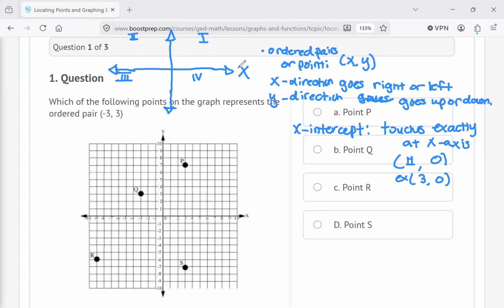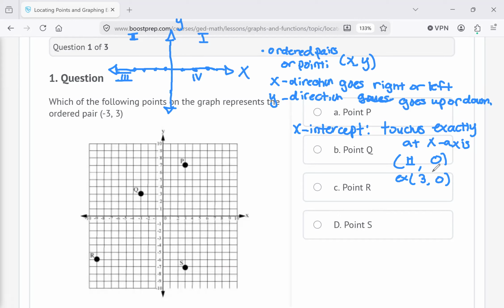Let me label, I forgot to label. The horizontal line is the x-axis, the vertical line is the y-axis. An x-intercept only touches a point on the x-axis. So it can touch it here, here, here, here. That's how you know you have an x-intercept, because if it's a number, comma 0, you have an x-intercept.